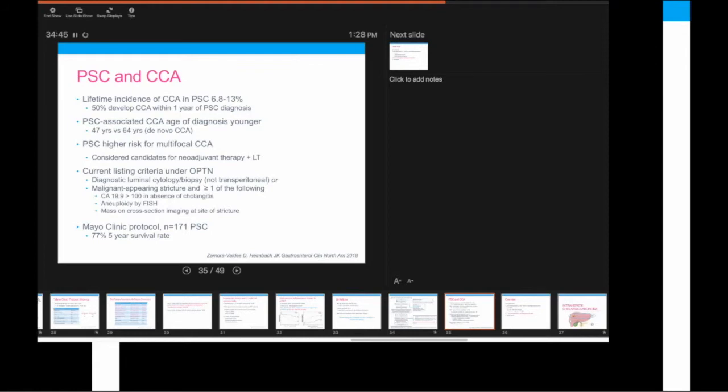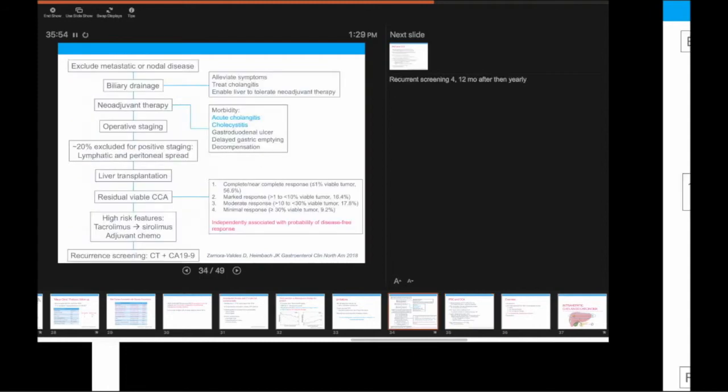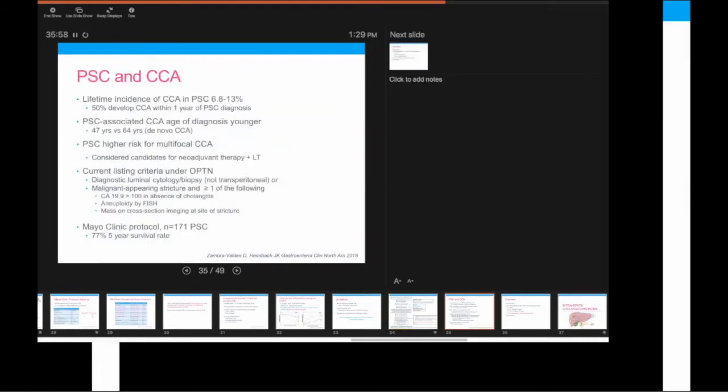The diagnostic listing criteria is not absolute for having cholangio, so there will be false positives. I think that's how they get their survival rate up. There were people in that study who didn't actually have cholangio, and about 50% didn't have tumor on explant, on tumor staging.